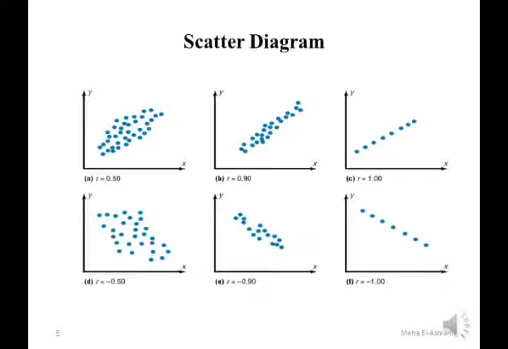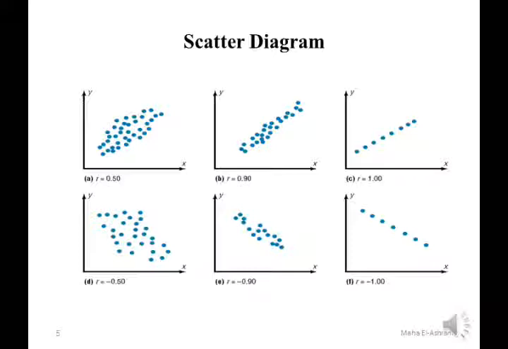If you look at B, you will find also that the points have, on average, a general shape that can be represented by a line with a positive slope. And C also, all the points can be joined by one straight line. So usually we say this is a full linear relationship.